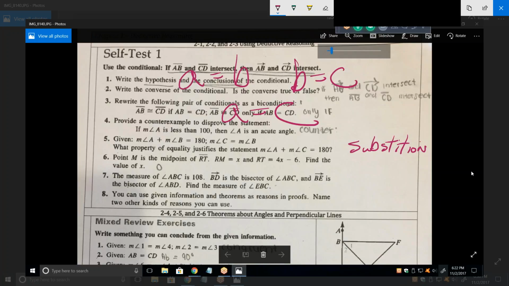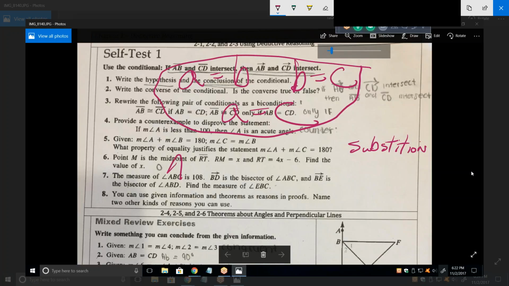Now, I guess I could call that the substitution property also. In other words, the transitive property uses the substitution property, right? Yeah. In other words, if B is equal to C, then I can substitute C wherever I see B. So I could make that statement and justify it using either the transitive property or the substitution property. I don't understand why I wouldn't be able to use both. But this problem's a little different.